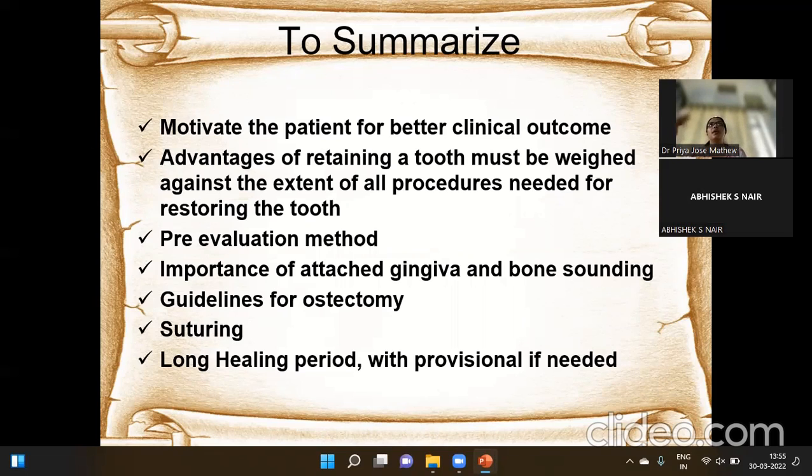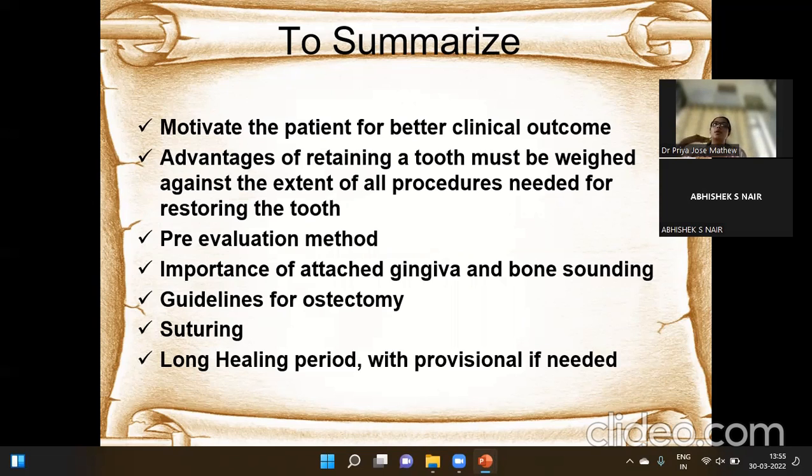Okay, so we have to keep in mind that there is an option of crown lengthening also for retaining a tooth. Now, the advantages of retaining a tooth must be weighed against the extent of all the procedures needed for restoring it.